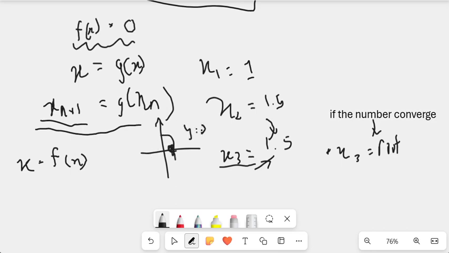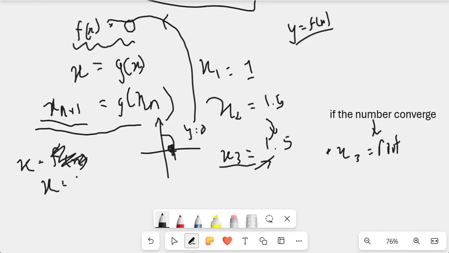The y represents f(x), because we say that f(x) is a function of x, and we represent y equals f(x). So at the root, f(x) would be 0. So this won't matter. The only way you could make x equal g(x) is if the left side equals the right side, which is x equals x. That is why when it converges to a number, you would get the number back.